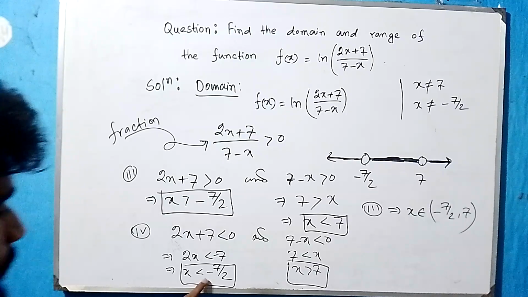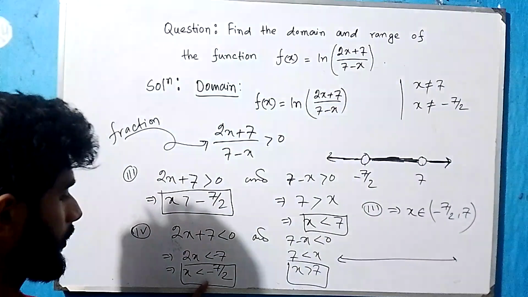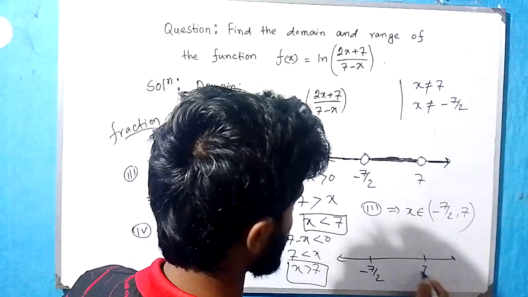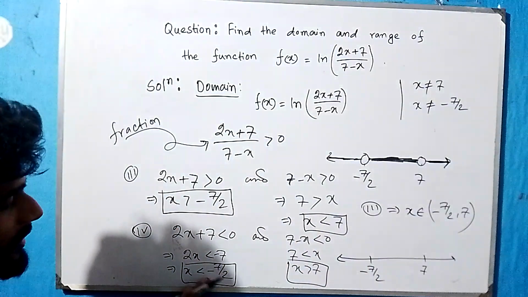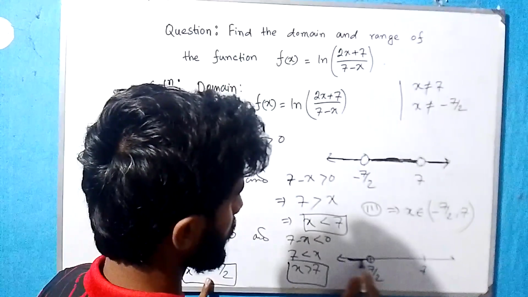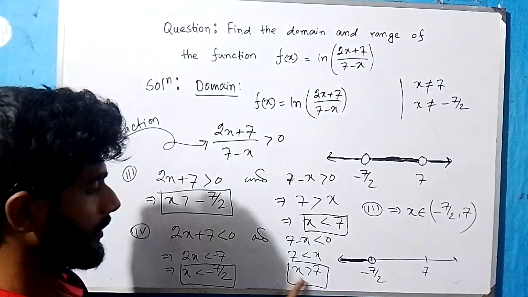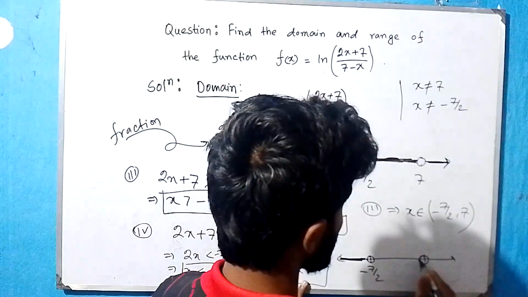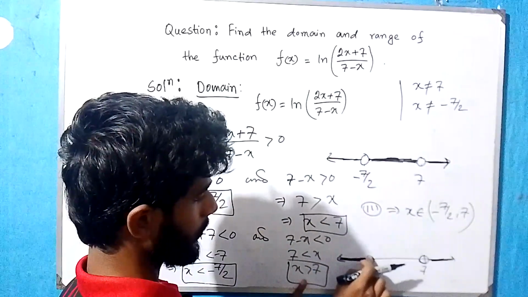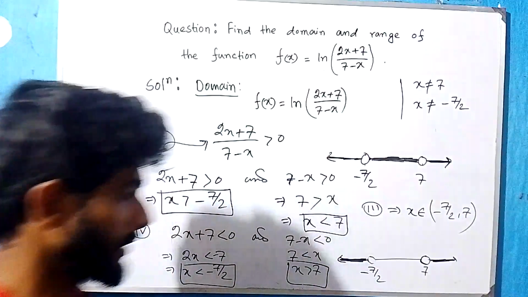That is, after plotting these inequalities, so minus 7 by 2 and this is 7, x is less than negative 7 by 2, that means these points, and x is greater than 7 by 2 is this point, and we know that negative 7 by 2 and 7 by 2 will be neglected.